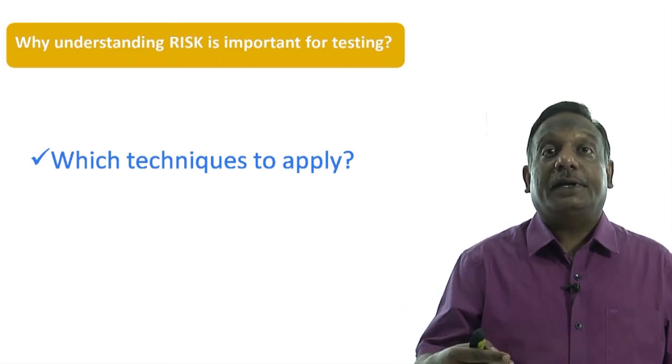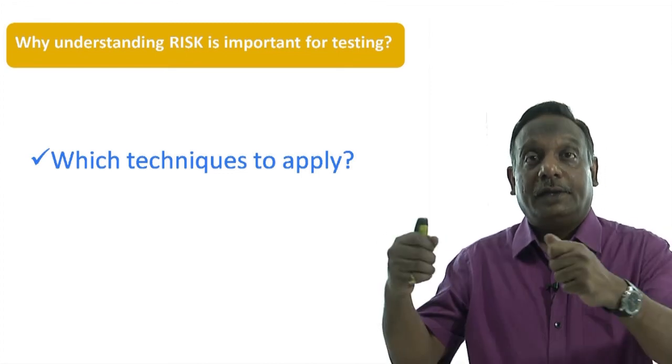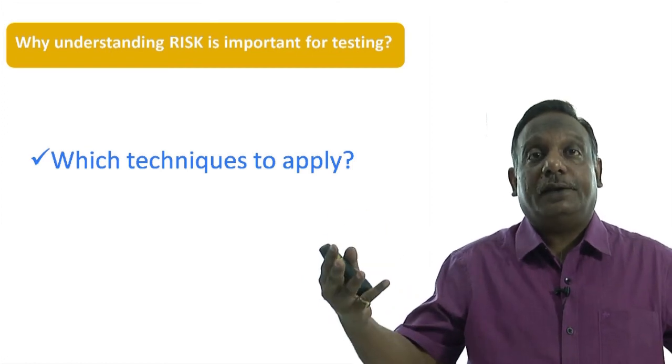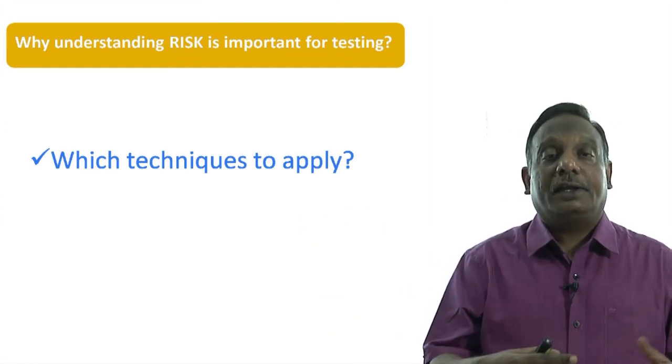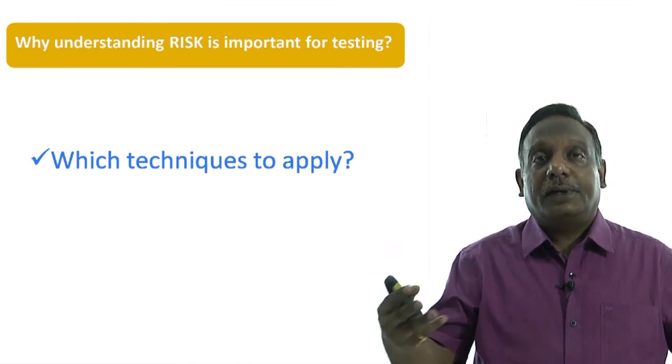All those things are important if the risk is high, because better techniques will give better thoroughness. If the risk is low, we may not spend a lot of time applying a variety of techniques. We may choose one or two lighter techniques and complete the testing.